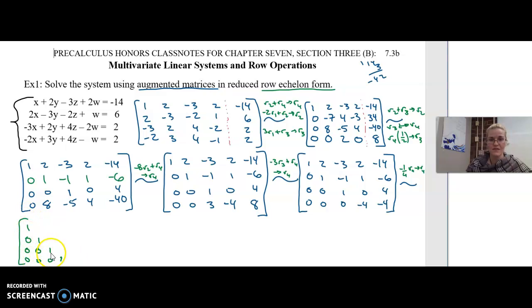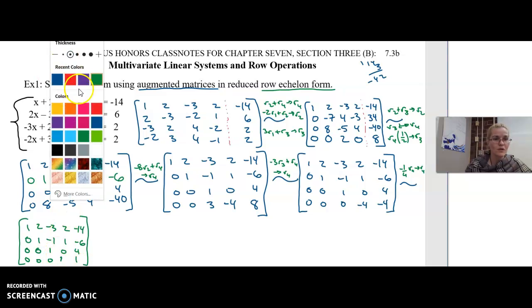Where you've got 1s all down the diagonal. So again, I'm going to have 1 here. Leaving everything else as is for the moment. 2, negative 3, 2, negative 14. Ooh, I got to make my spacing nicer. Negative 1, 1, negative 6, 0, 4. That is my row echelon form.